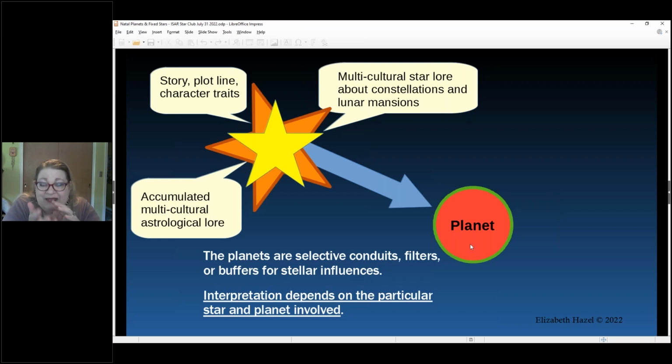If you've ever looked at Vivian Robson's star book, he gives a different meaning for every star with every planet, or with the ascendant, or with a combination of stars, because literally the stars are filtered by the planets, by what's coming in. It's rare to get the whole stellar meaning. You get parts and bits of it here and there. So the interpretation depends on the particular star and planet involved.